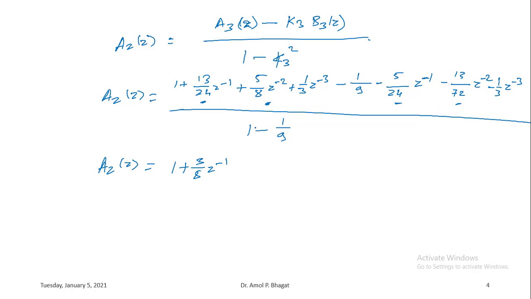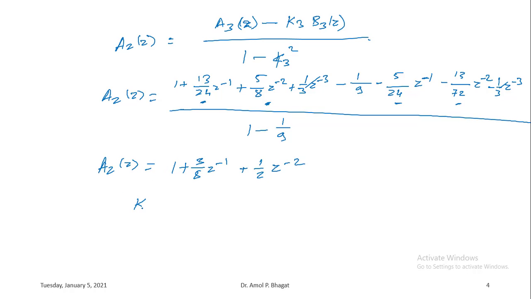So if you simplify and multiply it with 9 by 8, then you will get basically 1 by 2 z to the power minus 2. Okay, so again this 1 by 3 z to the power minus 3 and minus 1 by 3 z to the power minus 3, so this will be 0 simply, correct? So this is your a2 of z.